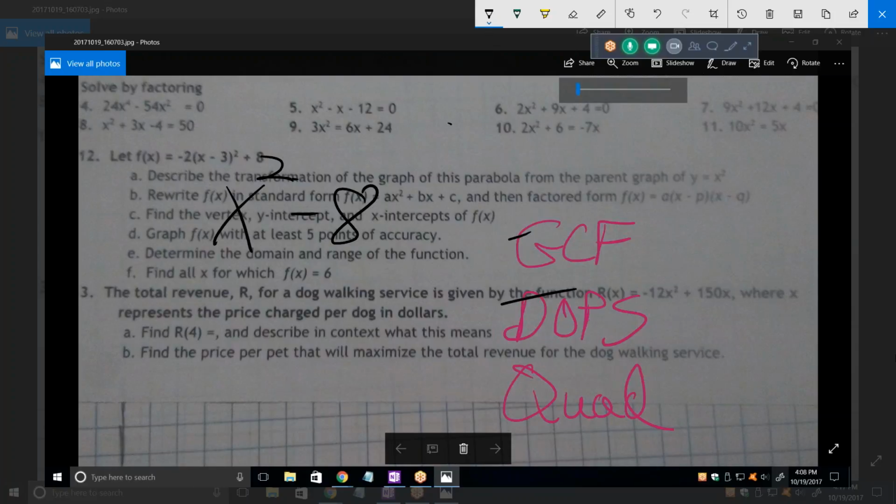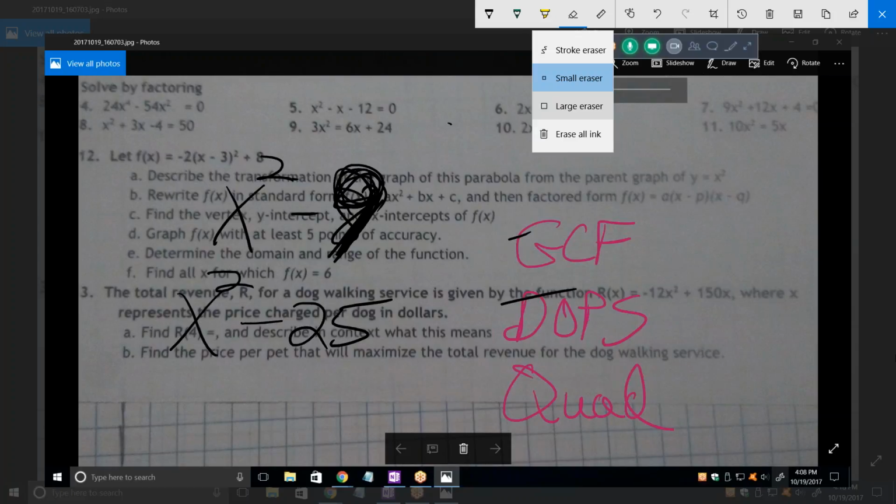If I said x squared minus 9, that is dopes, because 9 is a perfect square number. If I said x squared minus 25, that's dopes, because 25 is a perfect square number. So you can only use dopes if you have perfect squares.